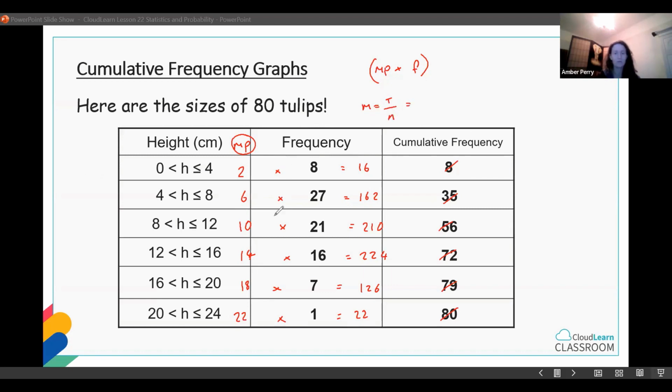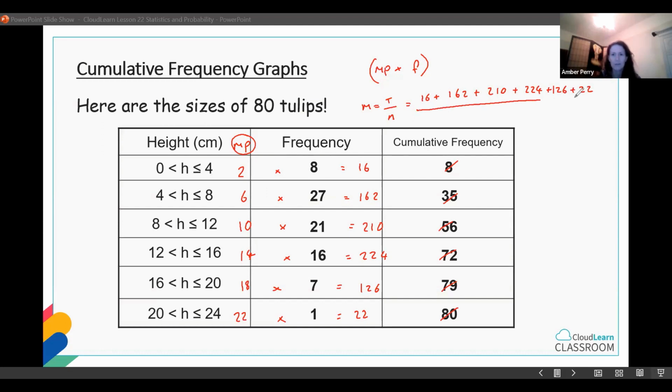So the total number of centimeters: we've got 8 that are 2, so that's 16, plus we've got 27 that are 6, so that's 162, plus 210, plus 224 plus 126 plus 22.